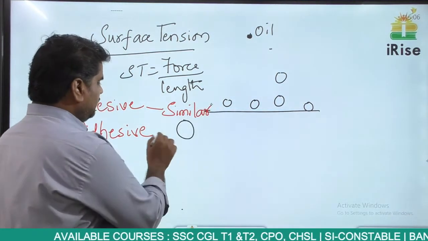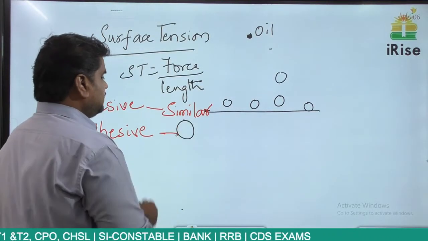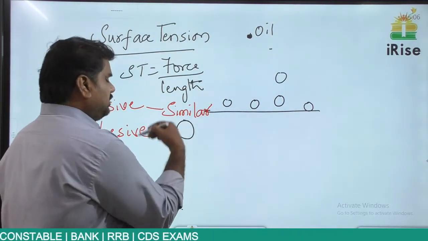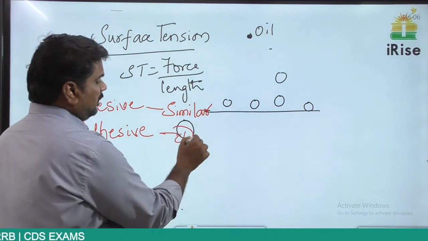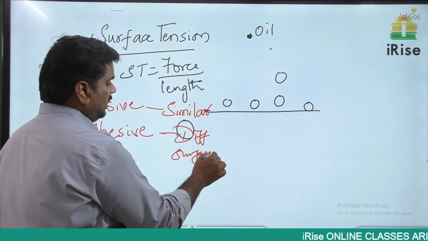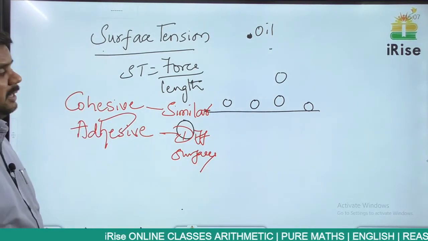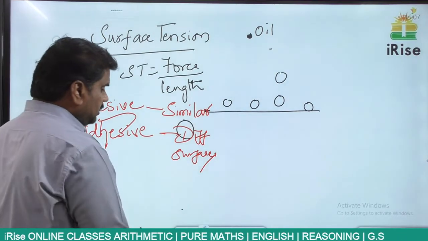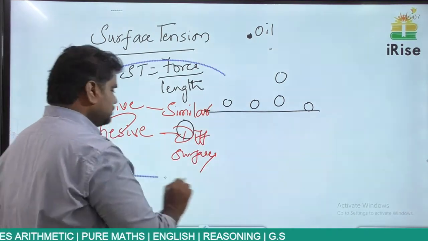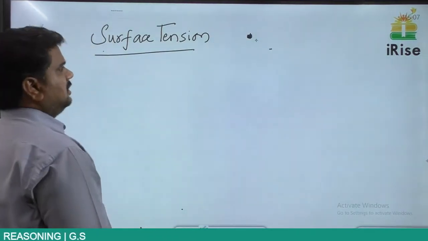At the same time, the adhesive force is the one which acts between two different surfaces, right? Cohesive forces act between two similar molecules. Because of these cohesive and adhesive forces, we talk about surface tension.